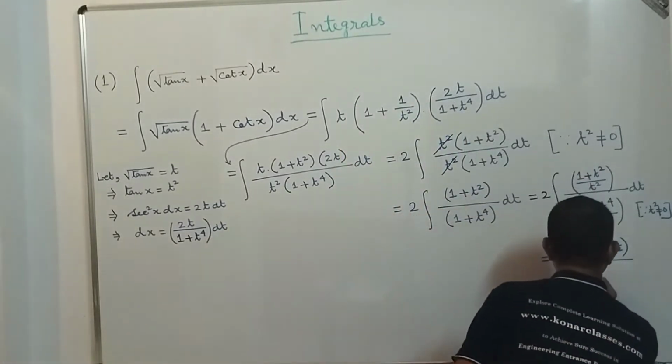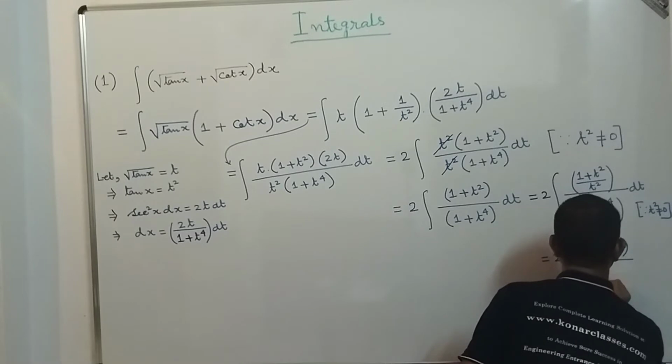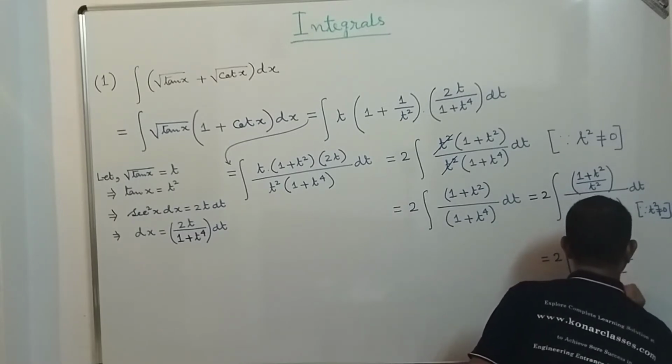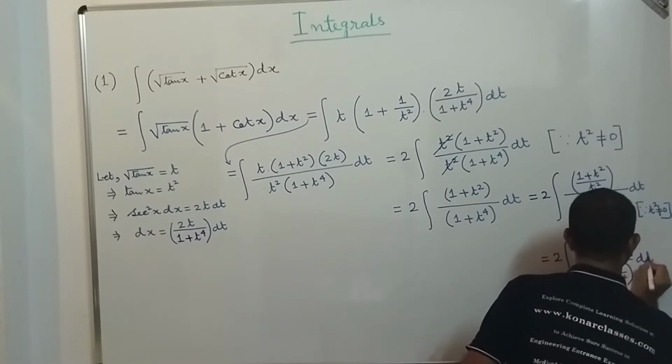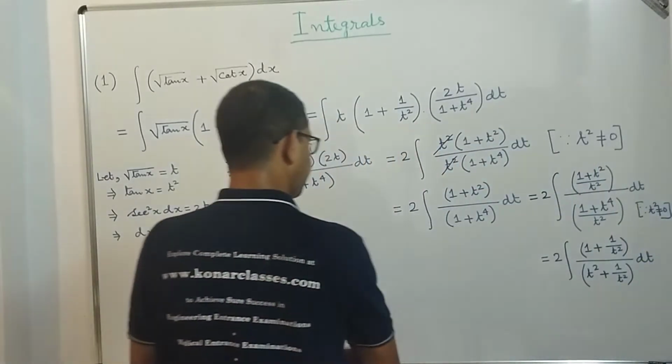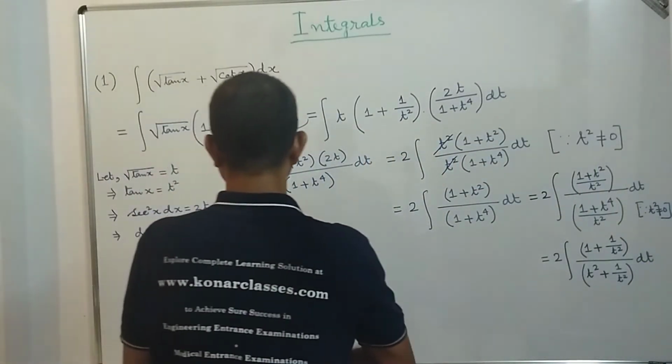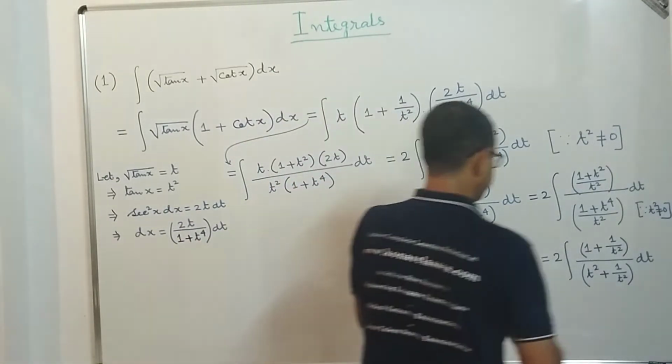So in the denominator we can write t square plus 1 by t square, and complete dt. Correct, dear students? So now let's proceed from here.